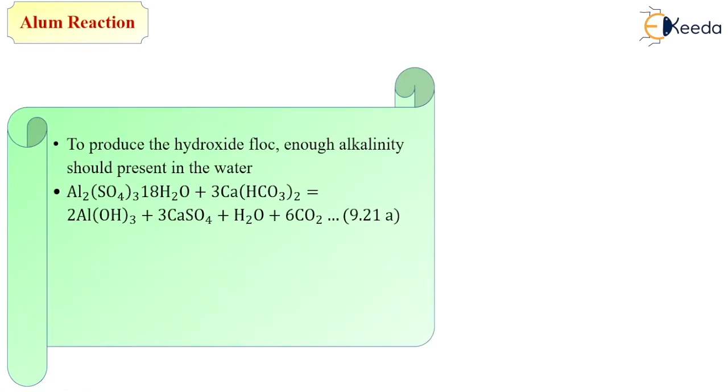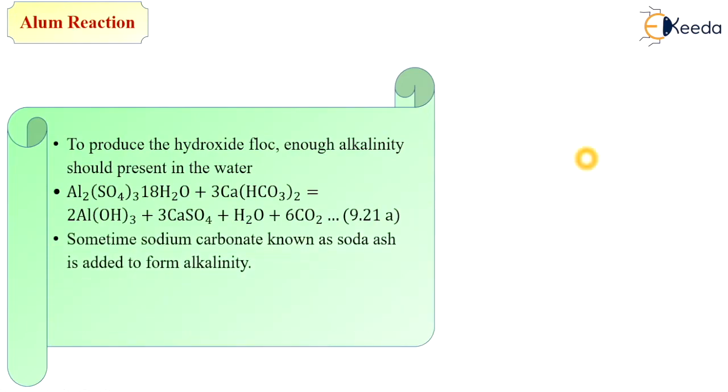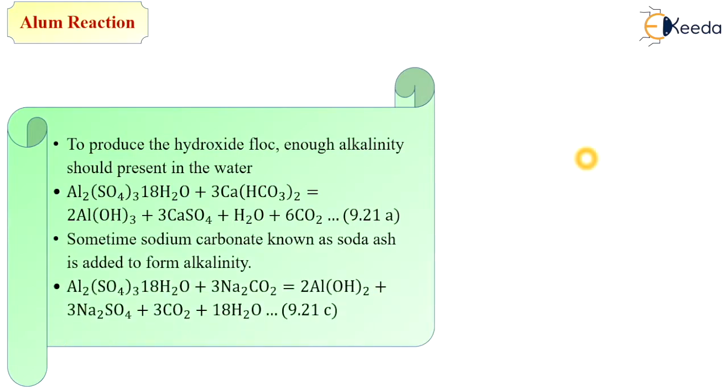As you can see in this reaction, this is the formula of alum, Al2(SO4)3·18H2O, which reacts with calcium hydroxide or carbonates or bicarbonates of calcium, converting it to the hydroxide flock, that is, Al(OH)3. Sometimes sodium carbonate, known as soda ash, is added to provide alkalinity. So instead of the hydroxide or carbonate of calcium, sodium carbonate is added into the water along with the alum. The reaction takes place and forms the hydroxide of aluminium.